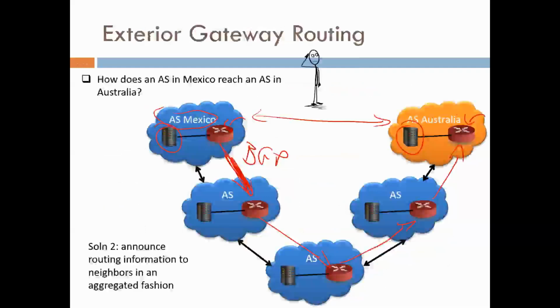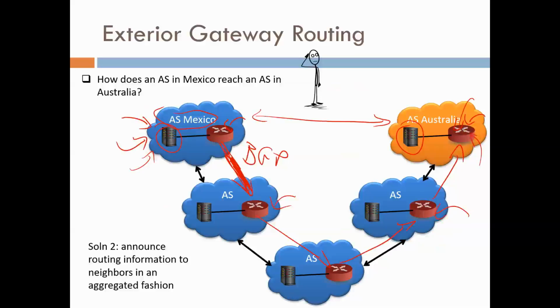BGP works on the idea of announcements. Every router will announce what kinds of networks are connected to it. So the border router in Mexico will announce what are the subnets, what are the IP addresses that are connected to it. The border router in Australia will announce what are the subnets that are connected to it, and will announce these networks to the neighboring routers.